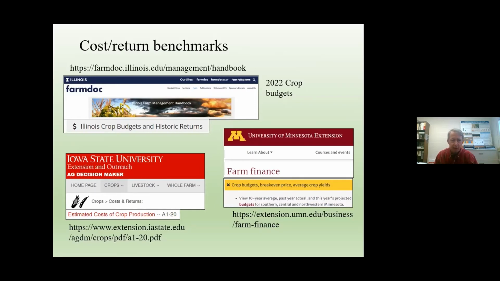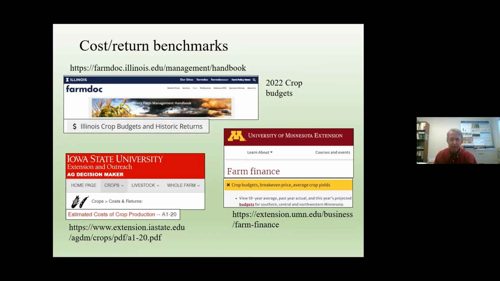In the case of Illinois and Minnesota, they use databases where several thousand farmers in each of those states participate in a farm management program and enter a lot of their financial data into these databases, and that is pulled from there by these states' programs to develop some example crop enterprise budgets based on those real numbers.